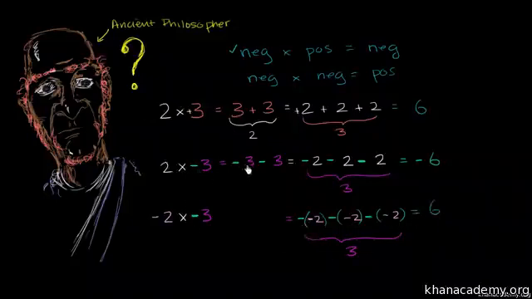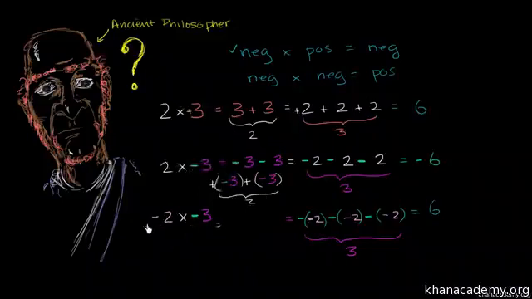You can use the same logic over here. Now, instead of adding negative 3 twice, and really I could have written this as negative 3, and we added it, and I'll write a plus out here to make it clear. Over here, we added negative 3 2 times.